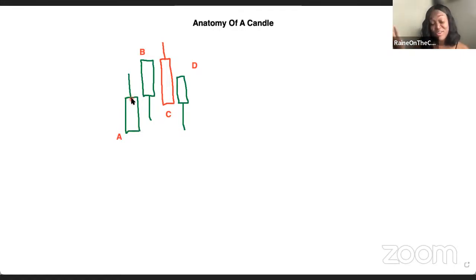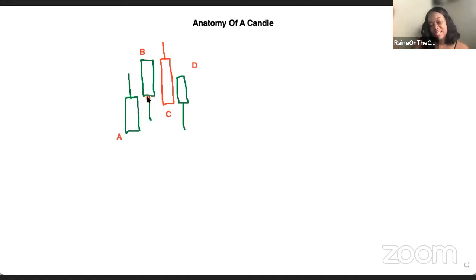So price opens at the base of the candle body and closes at the top. We know that's bullish. And the next candle is going to open where the previous candle closed. So it closes here, and the next candle opens at the same price, at the bottom, so now that's going to be the base of the candle if it stays bullish.